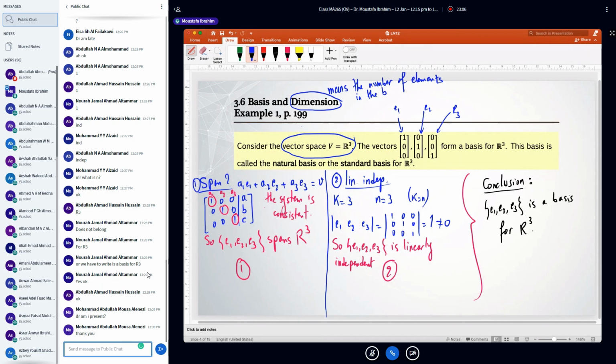So you count. For example, if we have vectors, you count how many vectors. If we have polynomials, how many polynomials. If we have matrices, how many matrices.